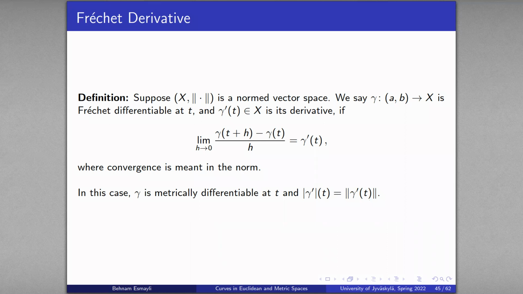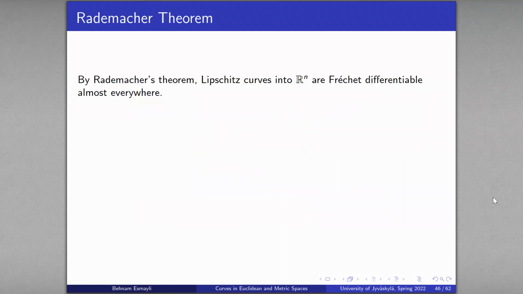Okay, so if we have this better differentiability, then we get metric differentiability, and the metric derivative is exactly the norm of this Fréchet derivative. This is very important because it includes the Rademacher's theorem predictions for metric differentiability.